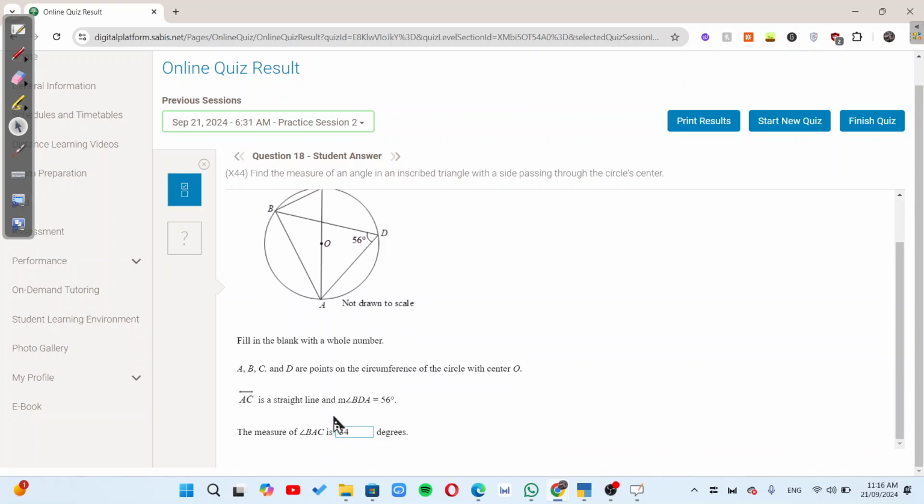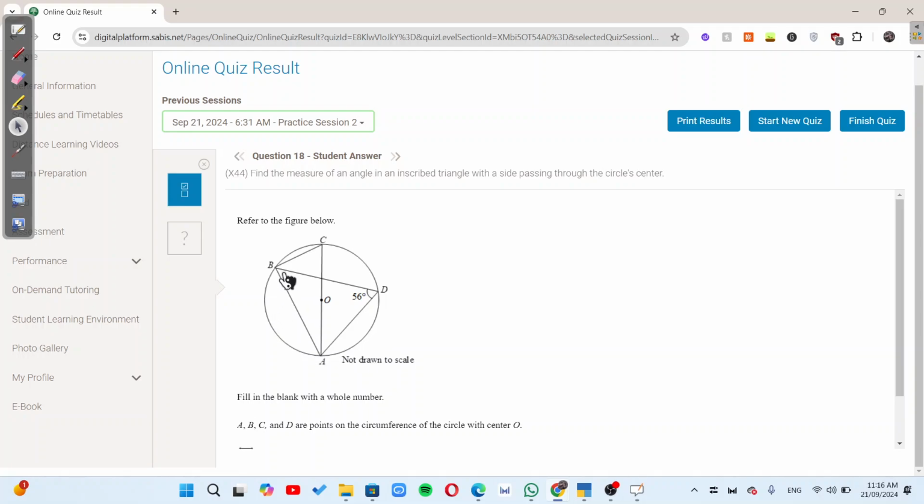So they want BAC, which is this angle. This is what they want. This is your X. So now you might say they didn't give us enough given. They did. You know that any line touching both sides of the circle, passing through the midpoint of the circle, is called a diameter.